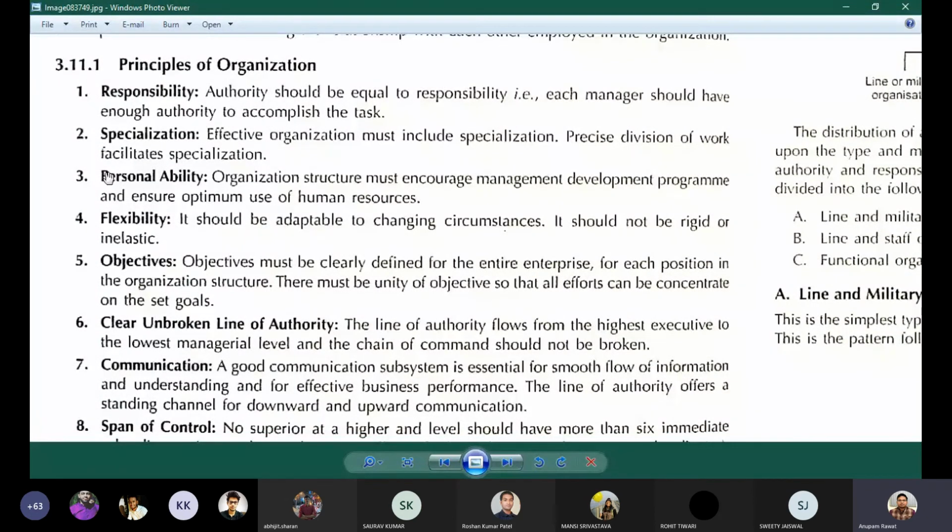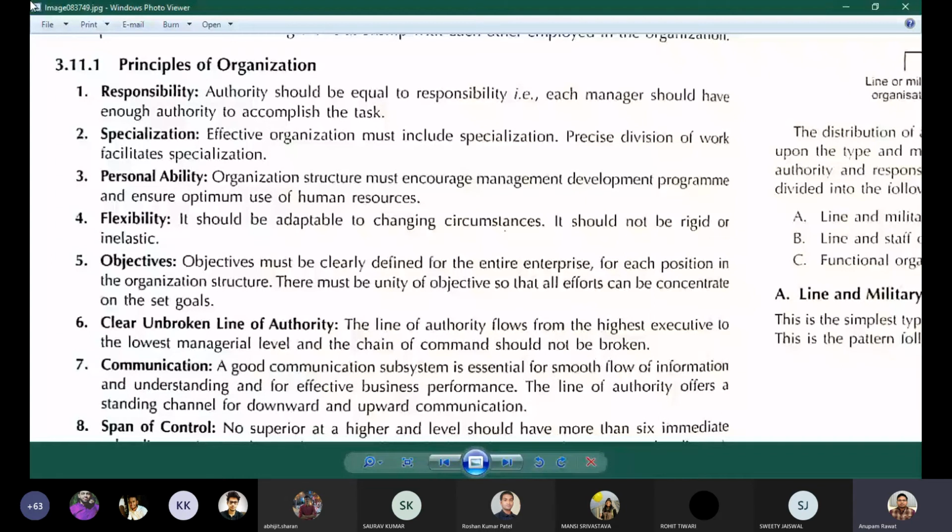First is responsibility. Authority should be equal to responsibility. Each manager should have enough authority to accomplish the task. Specialization. An effective organization must include specialization, a precise division of work.